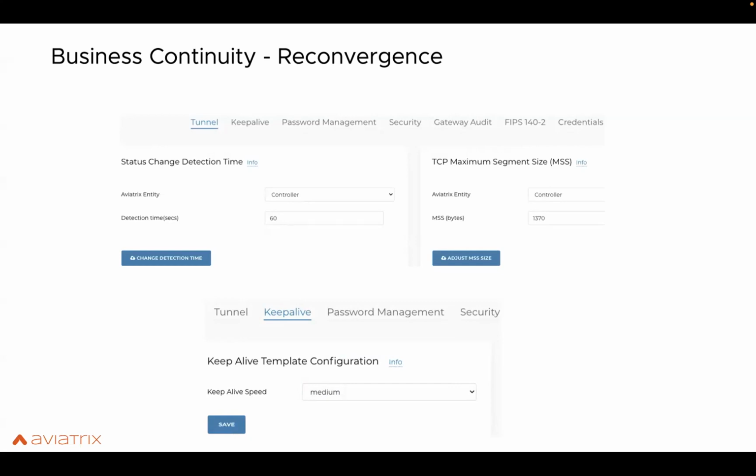Make sure you know what the requirements are. Based on the requirements, you can tweak these values as well, and that is going to help improve the reconvergence too. Most of the time, the standard default values are good enough for the customer, but there are certain times when a customer requires much faster reconvergence, and then you can utilize these values over here.